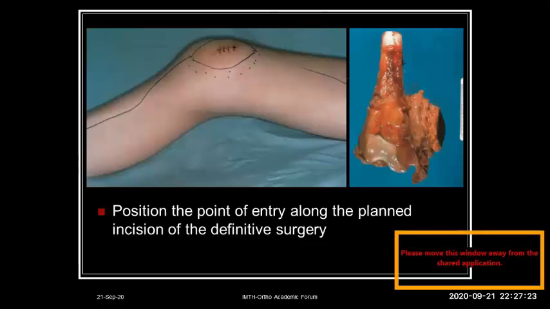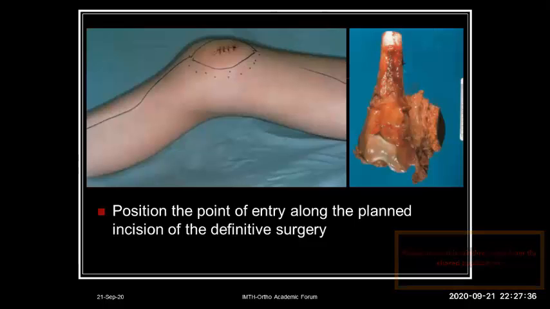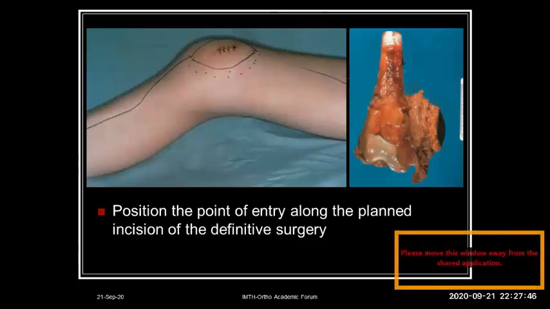And you even need to position the biopsy over the future incision for the wide resection, because you need to take that tract within the incision you are going to use for the wide resection you are planning to do in the future. So like this picture on the left, around the knee, there is the biopsy tract, and fortunately the surgeon put it in view of his future planning for the definitive surgery.